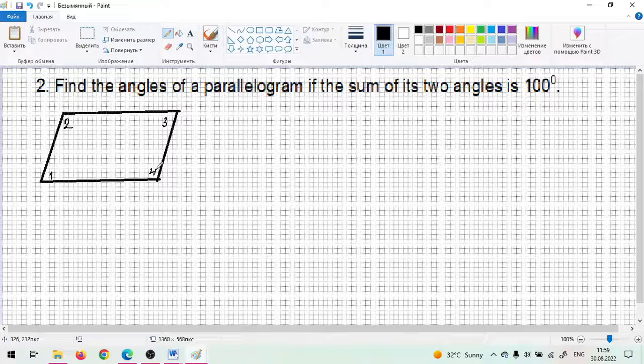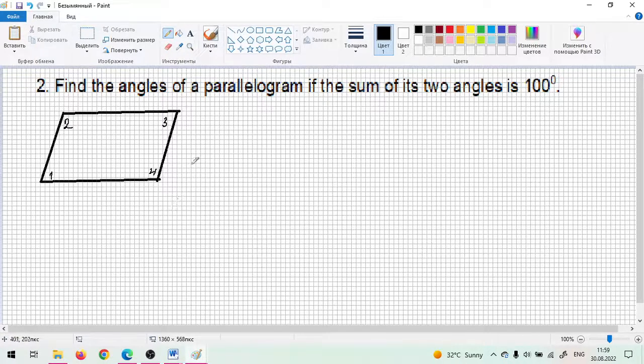The next task for you. Find the angles of a parallelogram if the sum of its two angles is 100 degrees. So, first of all, we need to understand what angles we are talking about. For convenience, I denote all angles by numbers 1, 2, 3, 4.